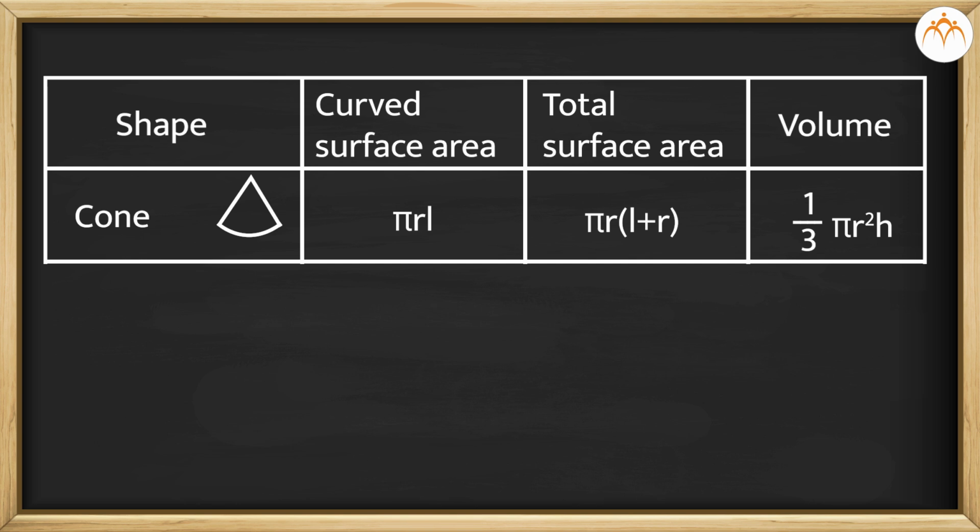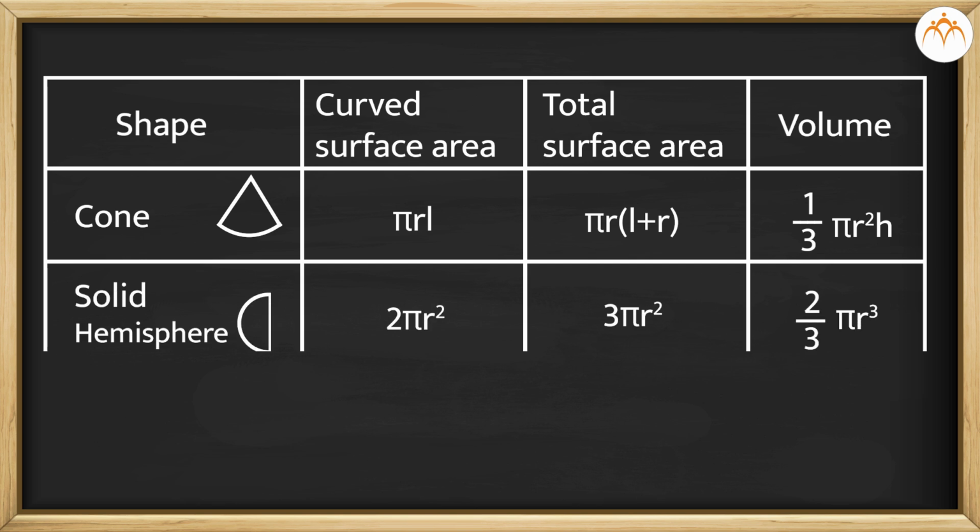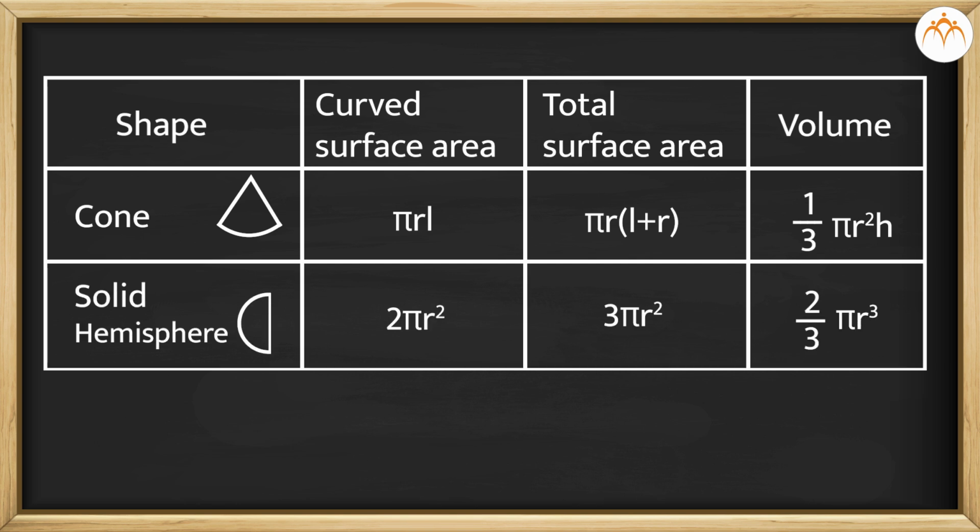Volume is 1 by 3 multiplied by pi r square h. Solid hemisphere: curved surface area 2 pi r square. Total surface area 3 pi r square. Volume 2 by 3 multiplied by pi r cube.